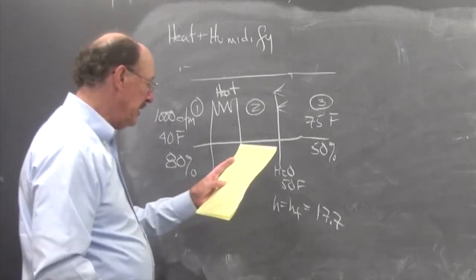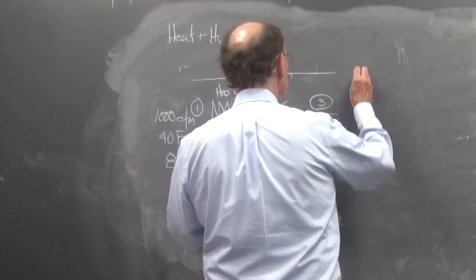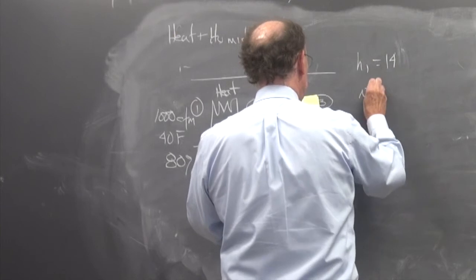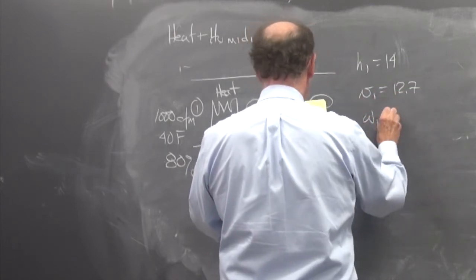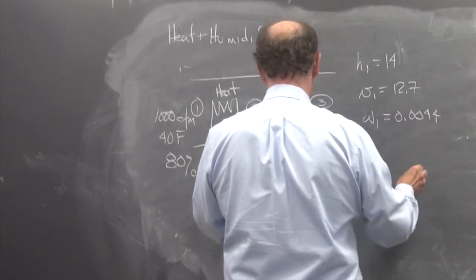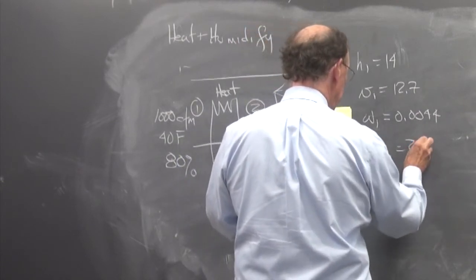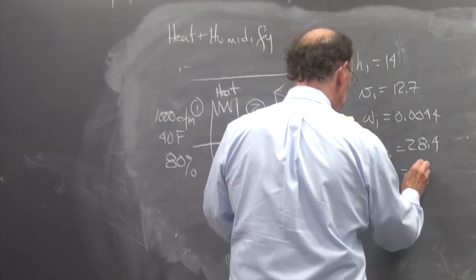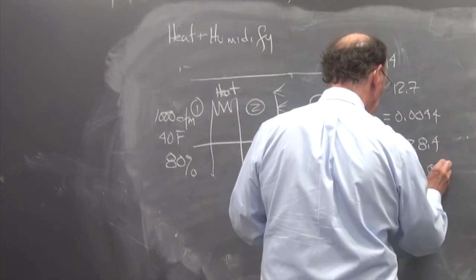So now if I look up the enthalpy values at these various states, H1 is equal to 14, specific volume 1 is equal to 12.7, omega 1 is equal to 0.0044, H3 is 28.4, omega 3 is 0.0094.